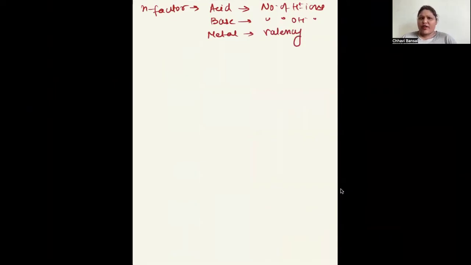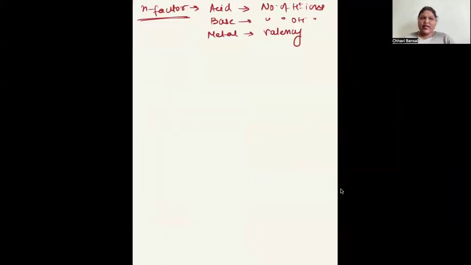And for any compound undergoing a redox reaction, the n factor is the number of moles of electrons being transferred per molecule of the substance. So this n factor's definition keeps on changing on the basis of what we are using in our reaction. Clear? Now, this is what normality is.